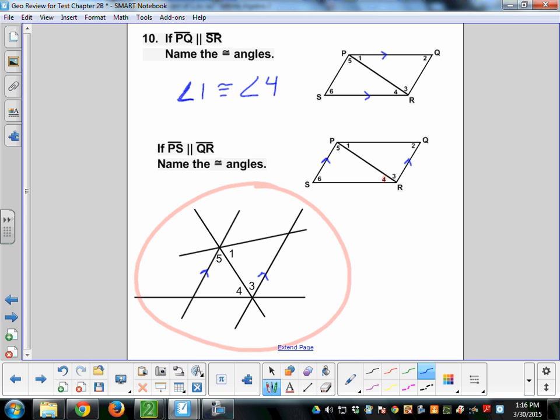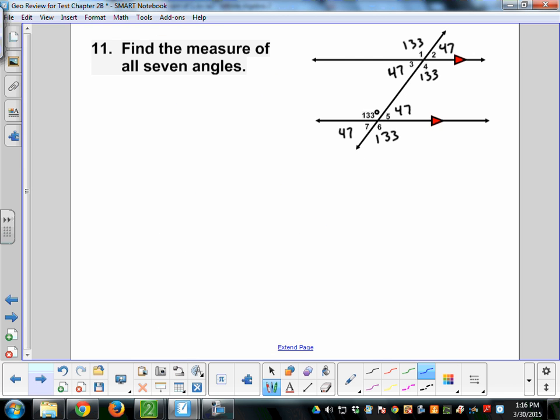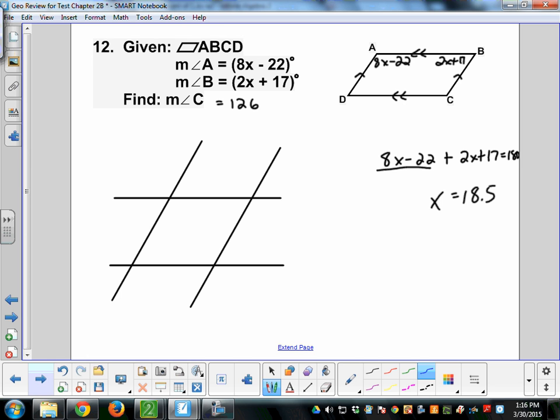So the only thing we know for sure in the second case is 5 and 3. So the only answer is 5 and 3 are congruent for the second situation. Okay, this one I just revealed the answers pretty quick, so take a look at that.